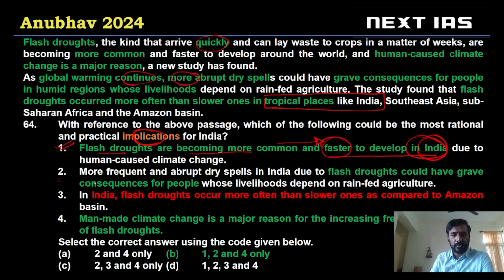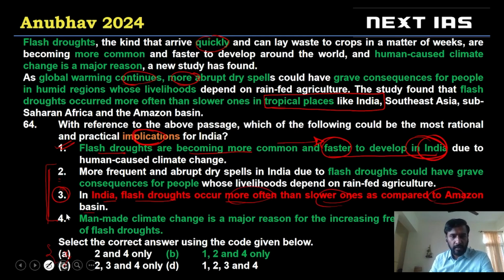The other practical implication, and two, we can eliminate A and C here, but I just want us to solve these for now. Of course, you can use the key in the exam and solve these much faster. You just have to check statement 3. If you eliminate A and C, all you need to do is check statement 3. In India, flash droughts occur more often than slower ones as compared to Amazon basin.